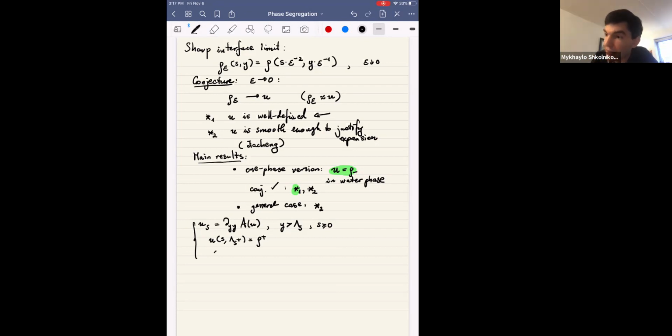I will have some initial condition, which I will write as rho plus minus some function of y, which I will call G. So I really think about the initial condition as some sort of deviation from the equilibrium concentration, and G describes this deviation at different points in space.